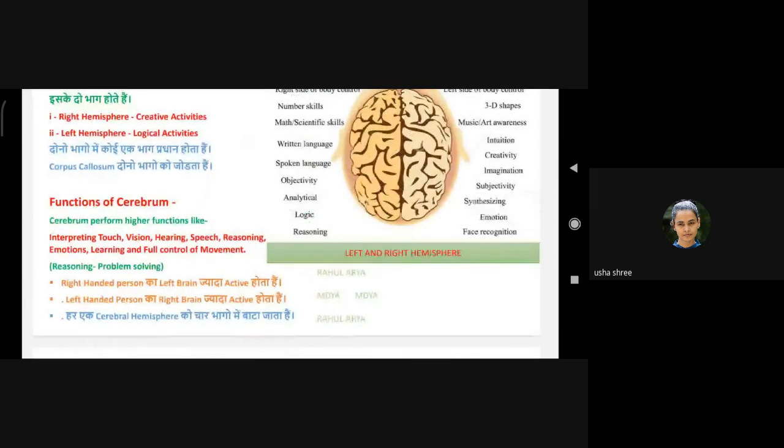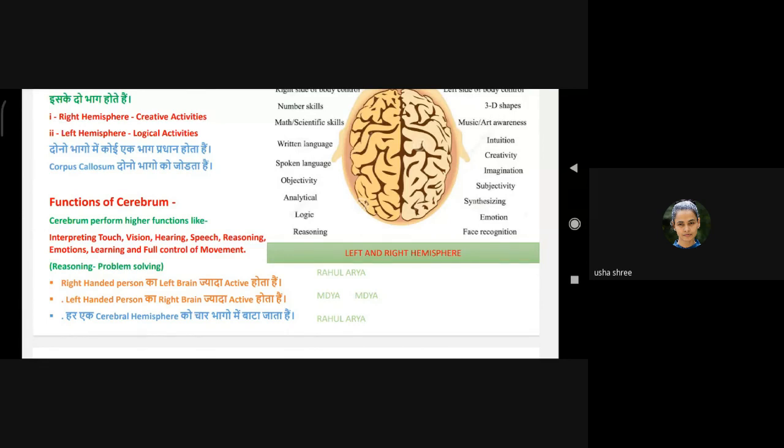Now, functions of cerebrum. Cerebrum performs higher functions like interpreting touch, vision, hearing, speech, reasoning, emotion, learning, and full control of movement. Reasoning and problem solving, as I have just told you, is written here: in a right-handed person, the left brain is controlling the right side of our body.